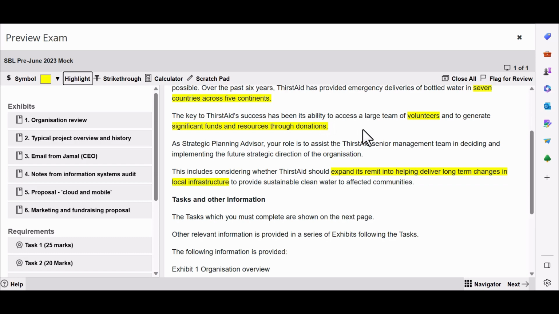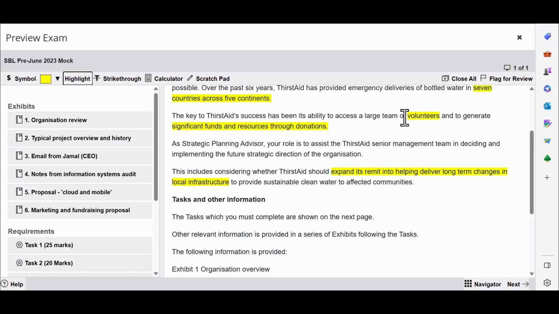Okay, they're pretty impressive. The key to the success has been its ability to access a large team of volunteers. Now, we love volunteers because they're free. But the thing to remember about volunteers is they're also free to leave at any time they choose. They have no contractual obligation to stay with you.